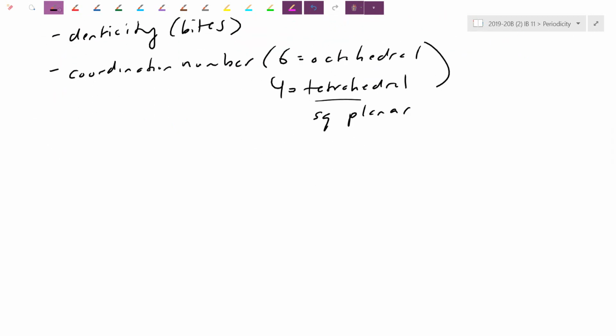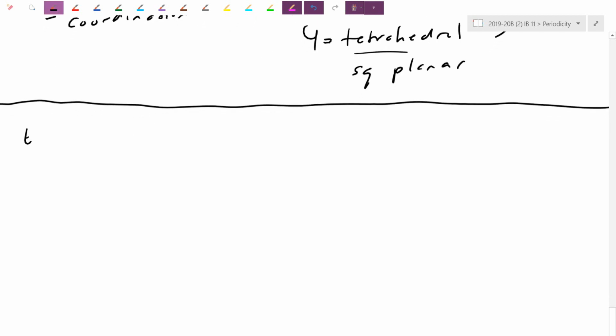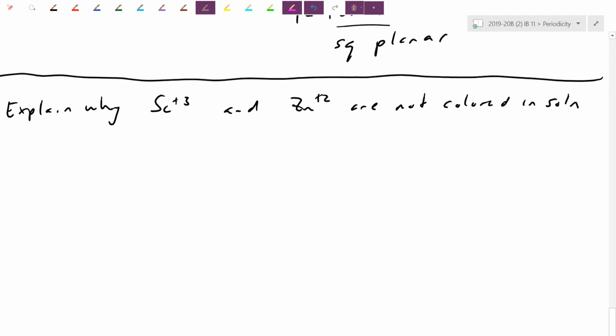So make sure you can definitely explain why transition metal ions are colored. There are 2 that are not colored. So they might say, explain why scandium plus 3 and Zn plus 2 are not colored in solution. And it really comes down to just the configuration.